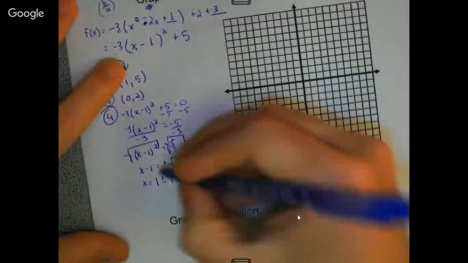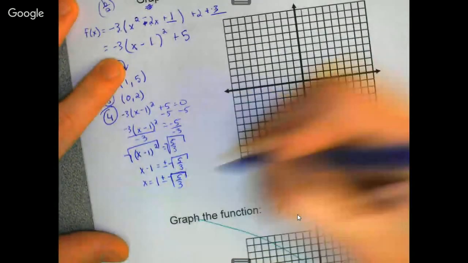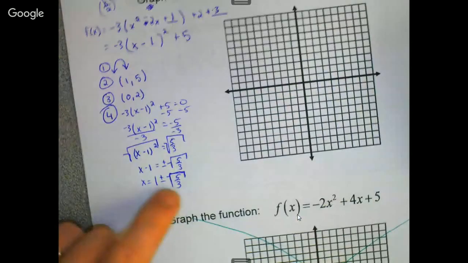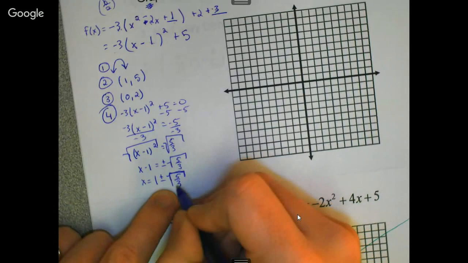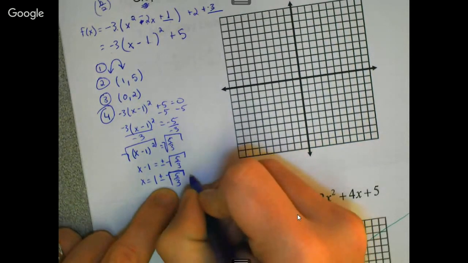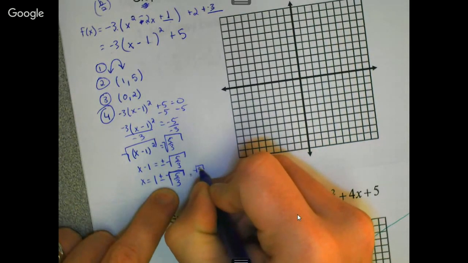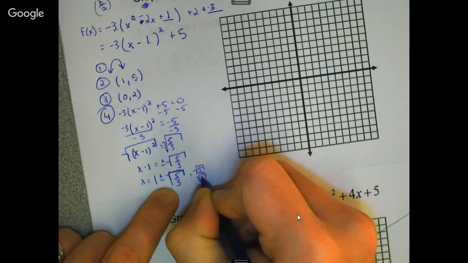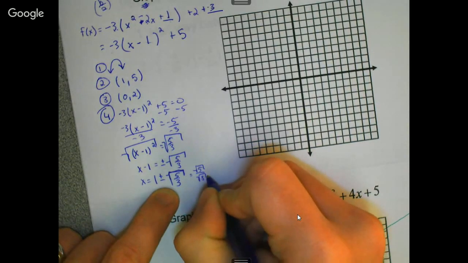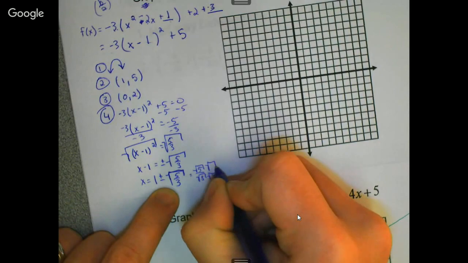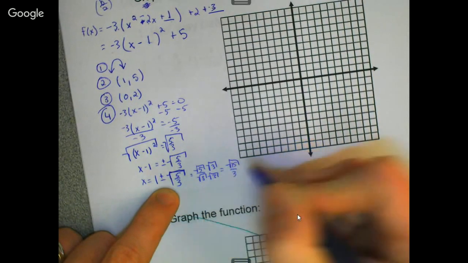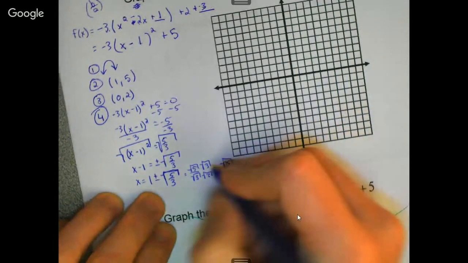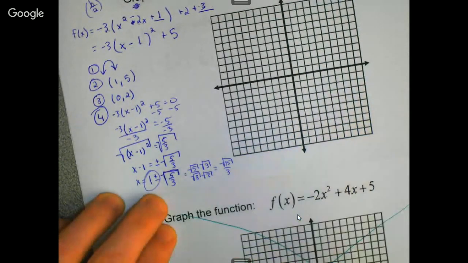So again, you might need to put that into the calculator. And we could probably reduce this fraction or get it in the proper form. That's the same as square root of 5 over square root of 3, which I can't have on the bottom. So we multiply the top and the bottom and you get radical 15 over 3. So I still have that plus or minus 1 in the front.